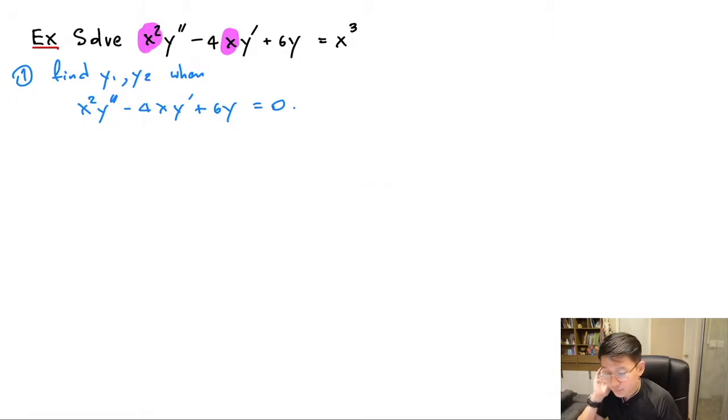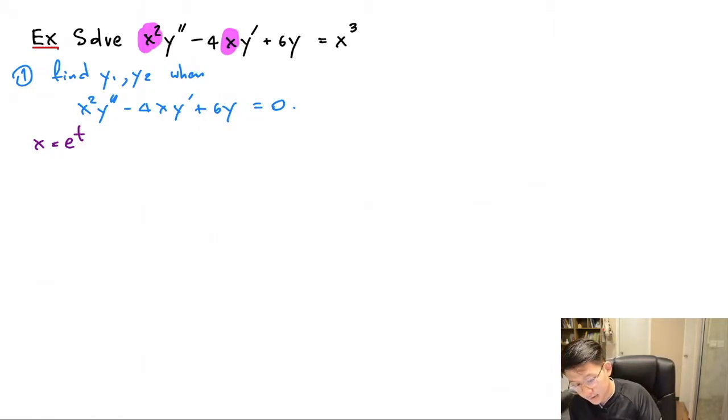To do that, first we let x be e to the t. So dx by dt is e to the t, or dt by dx is e to the minus t.